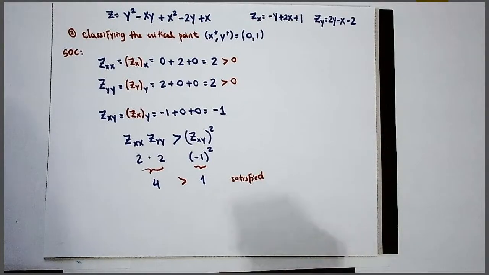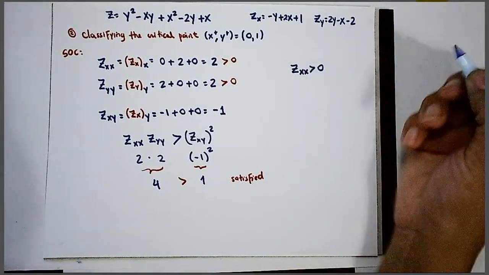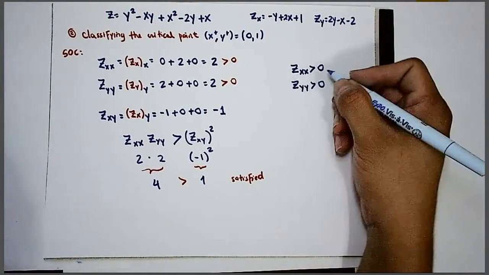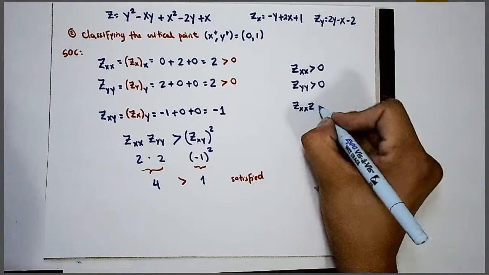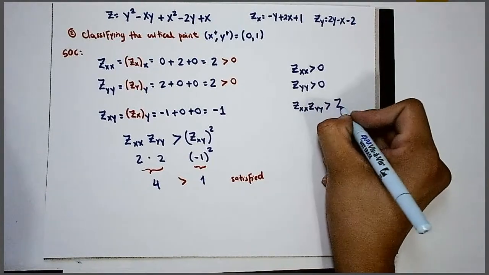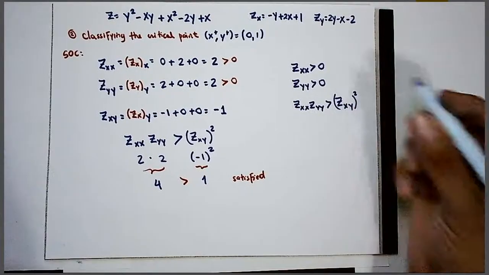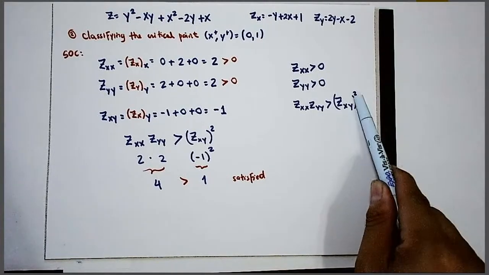Now, let's conclude. First, we know that both second order partial derivatives are greater than 0, and the condition that the multiplication of both second partials is greater than the cross partial squared holds.